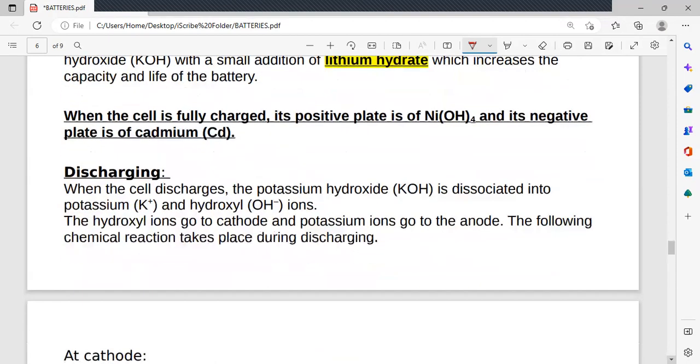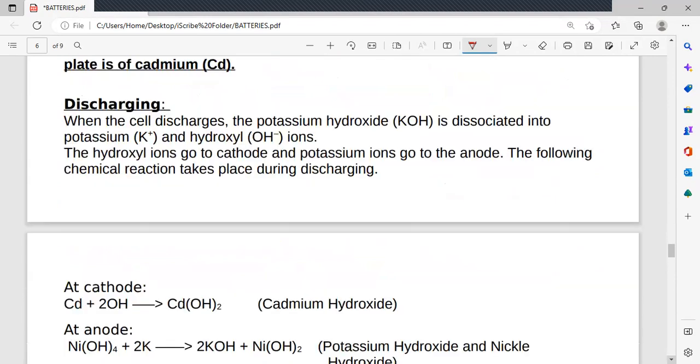We have seen what the electrodes are and what the electrolyte is. Now let us see the discharging process. What happens when that alkaline battery is discharged?